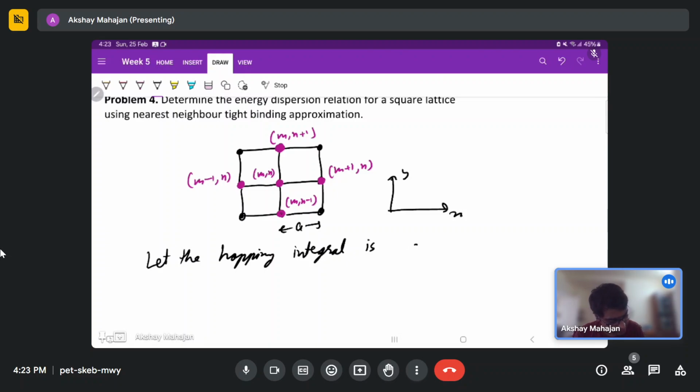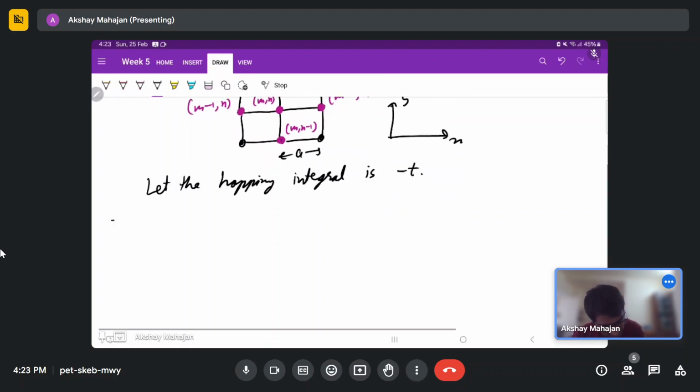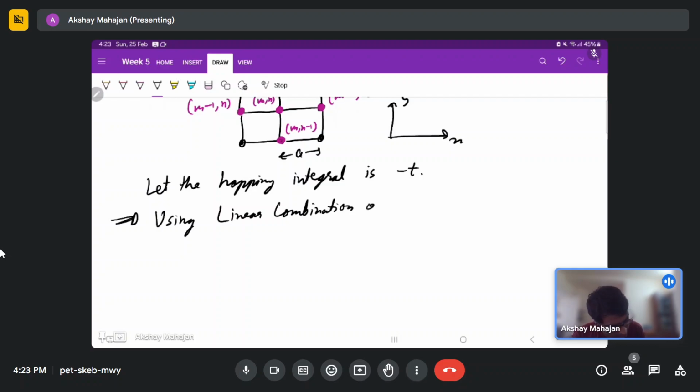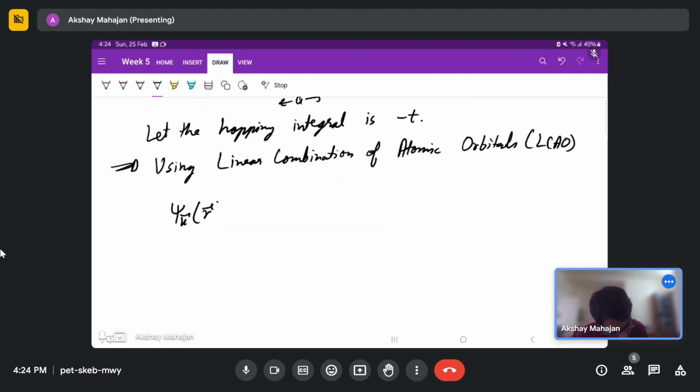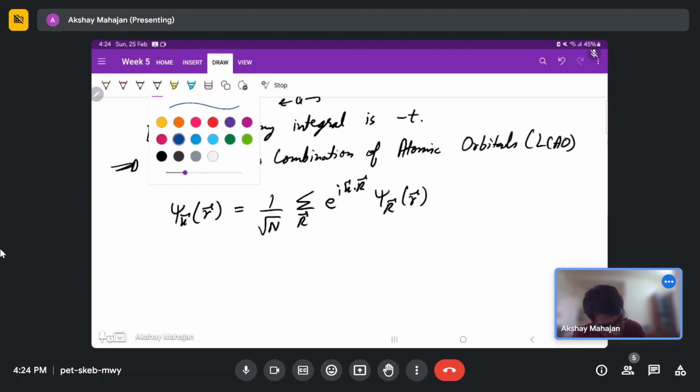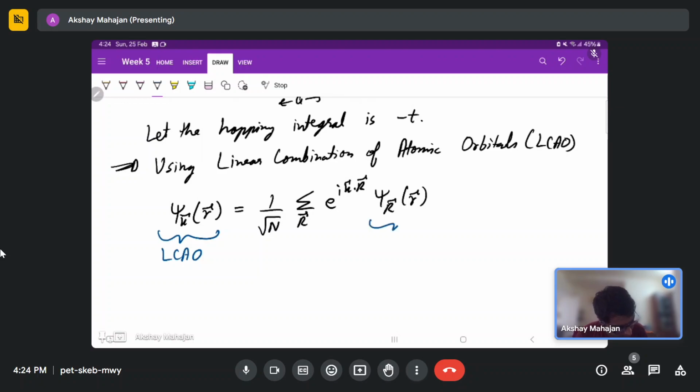Using the linear combination of atomic orbitals, LCAO, as has been done in the lectures as well, I can write my wave function psi of k vector, r vector as e to the power i k vector dot r vector times psi of r vector, where this is my LCAO and this is going to be my atomic orbitals.